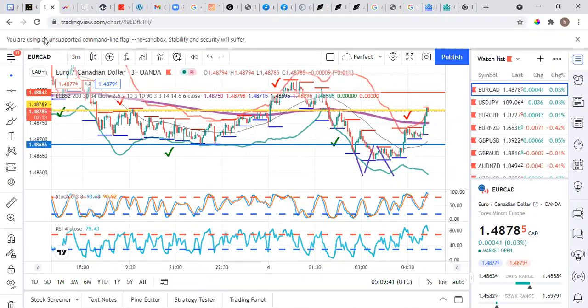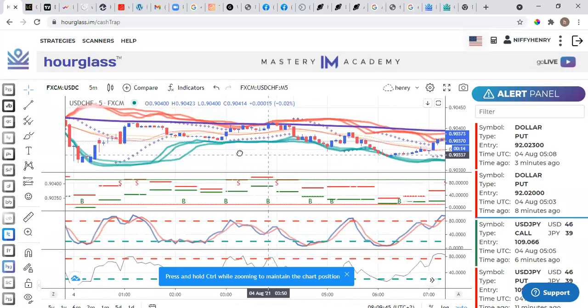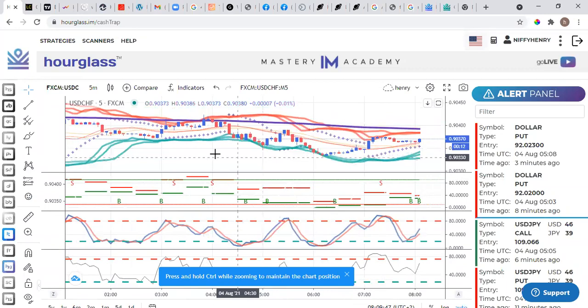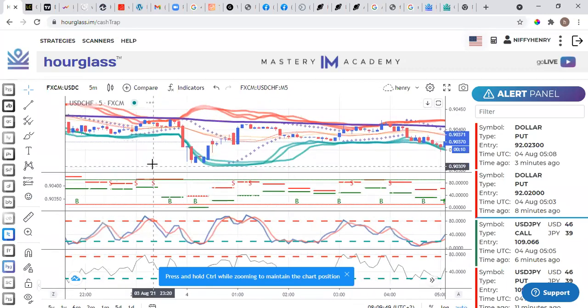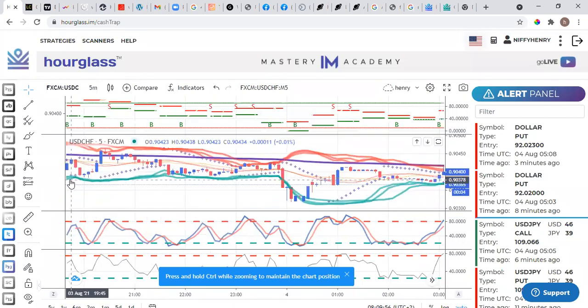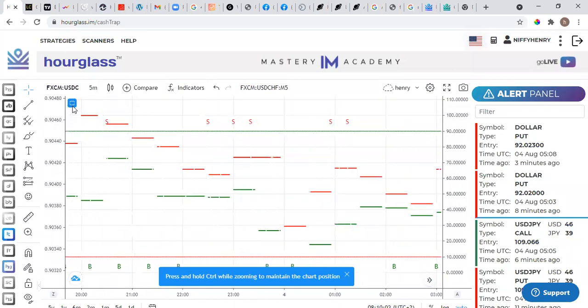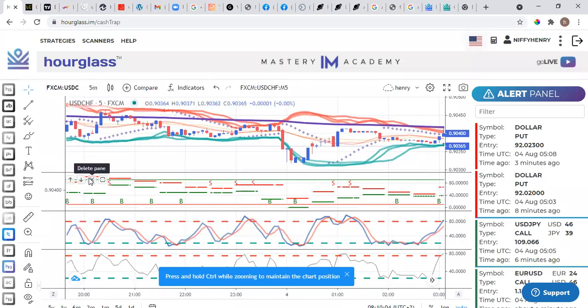With cash trap too, you don't have to draw support lines because they are always there automatically. Though I can't see it here, something went wrong with my settings. So let me not waste our time with this.